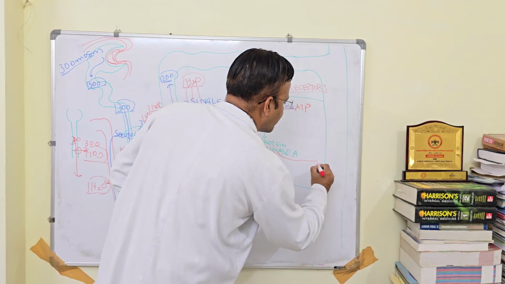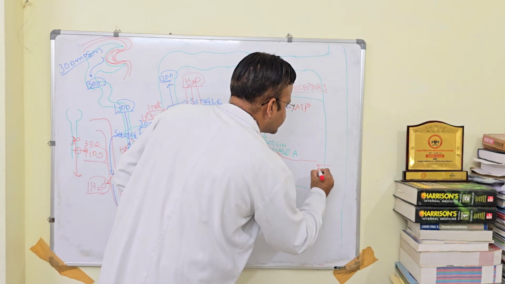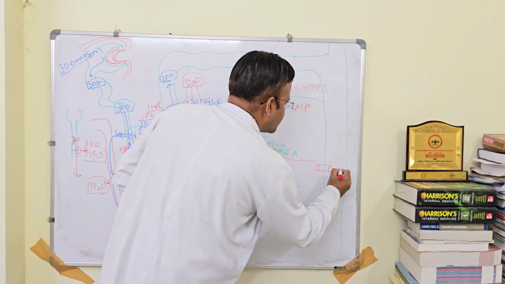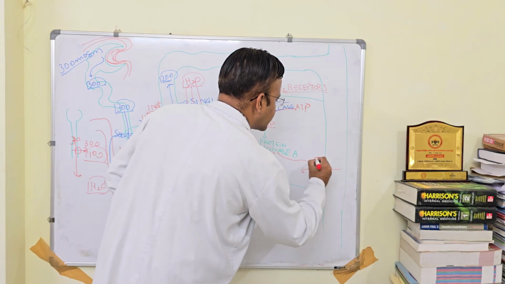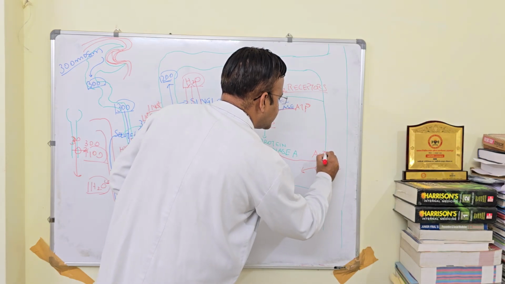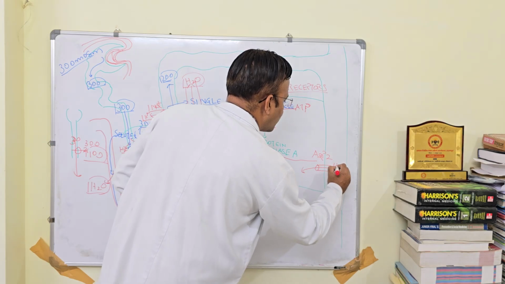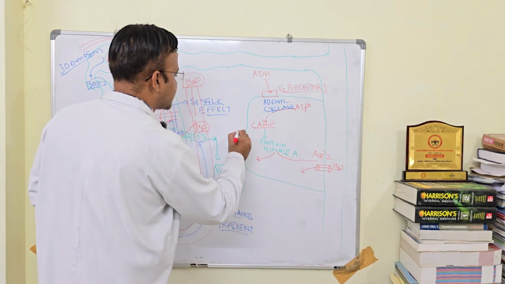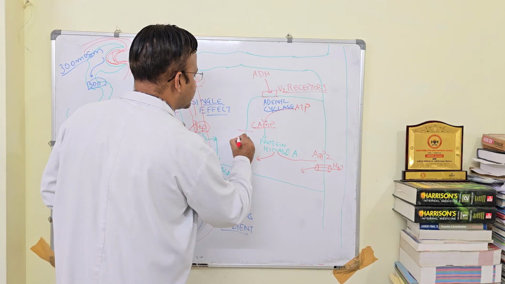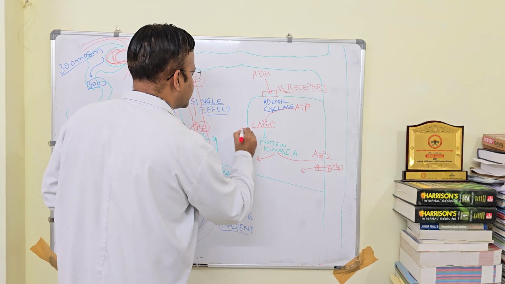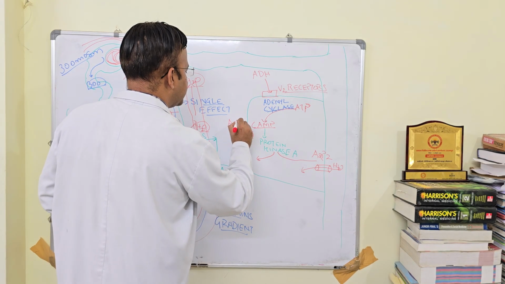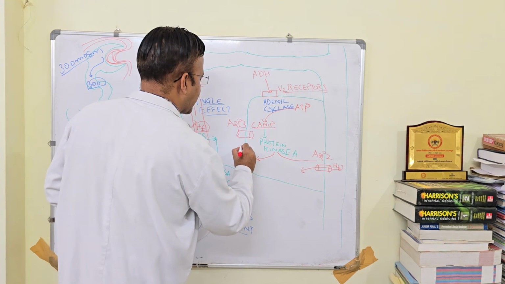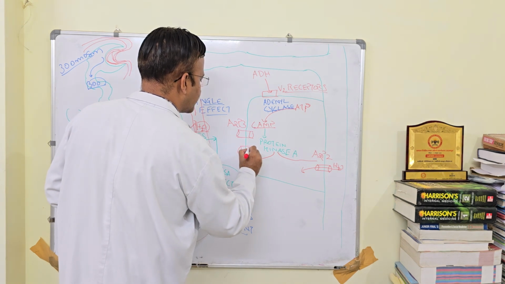It will recruit aquaporin 2 over here, which is going to reabsorb water. AQP2. What is coming? Water is coming. And on this side, it is going to recruit aquaporin 3 and aquaporin 4, AQP3 and AQP4.